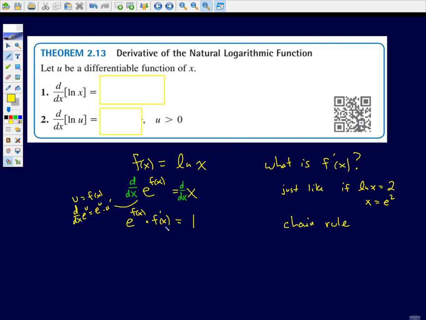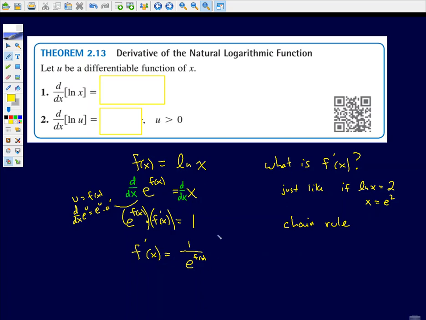Now remember, our question at the beginning was, what is the derivative of f? So I have that right there, but I want to solve the equation for f prime now. I'm going to divide both sides by this other factor. So to solve for f prime, I'm going to divide by e to the f of x. So I have an expression for what I was going for, but I don't want to leave it this way.